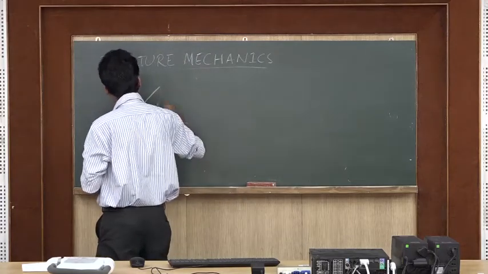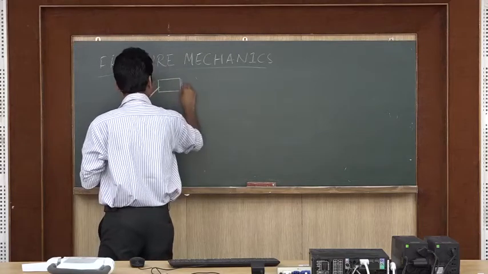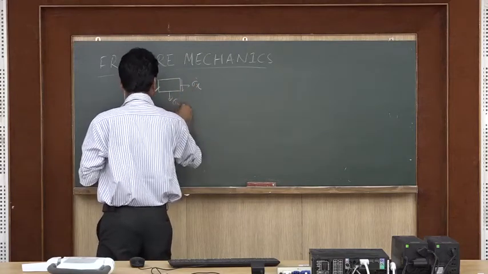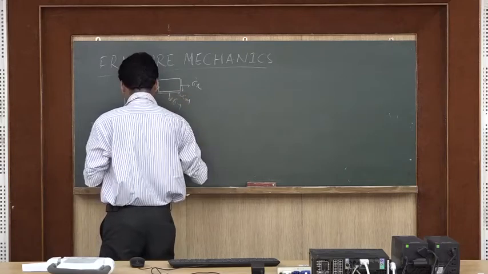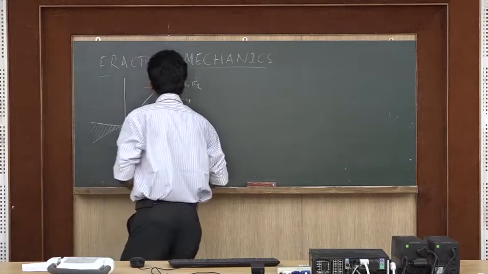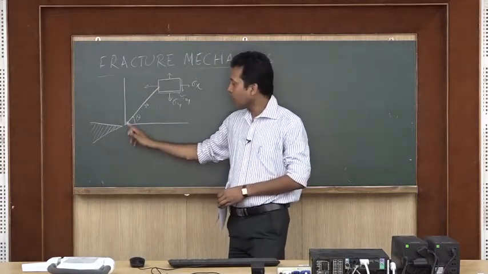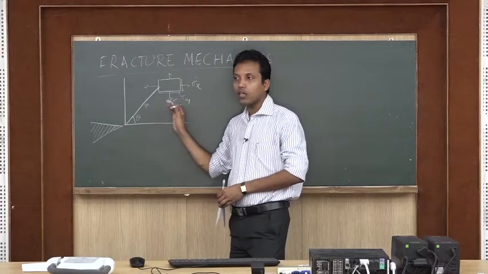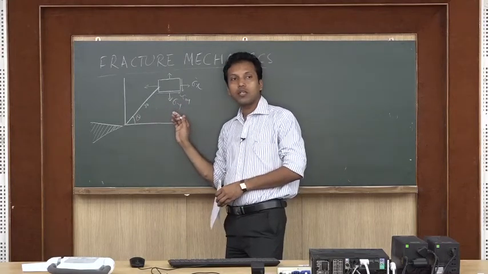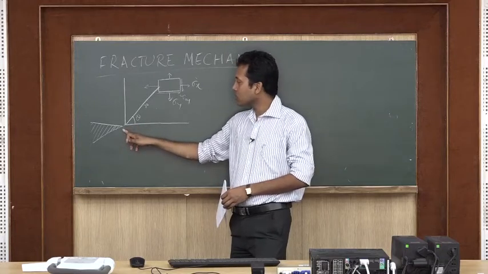So if there is a crack present, and I have to do a stress analysis at this point, say, this is one crack in a body, and at a distance r, theta I have to find out what the stresses are. Okay, this is a crack in a structure.